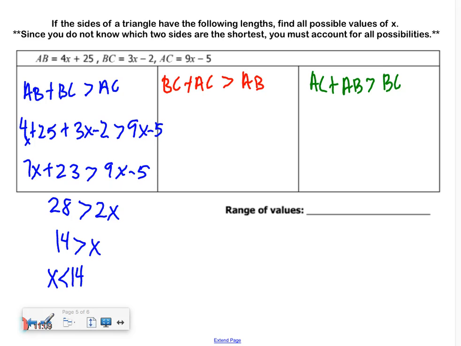Okay. Now we got to do it again for BC plus AC is greater than AB. Let's plug in. I'll try to make my greater than symbols better. Add our like terms.